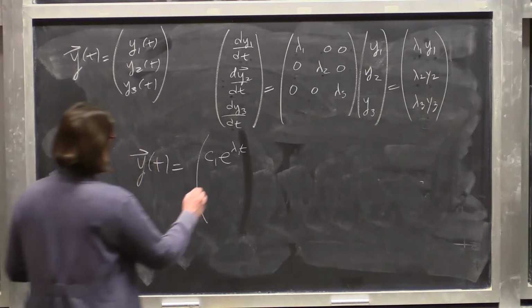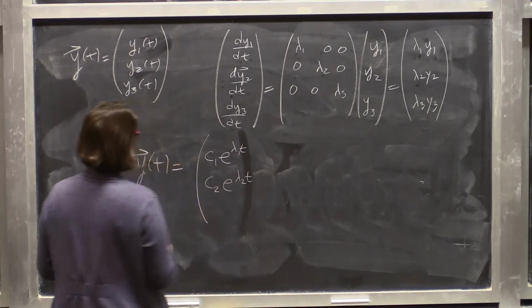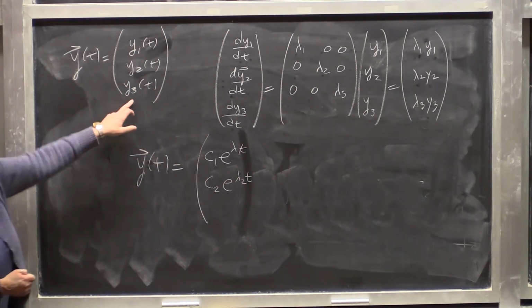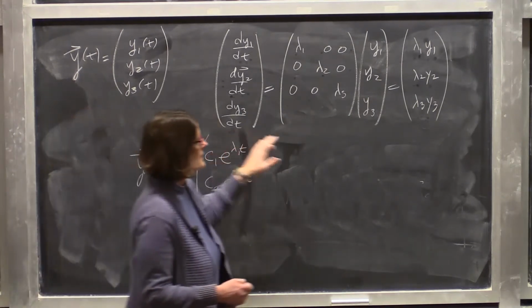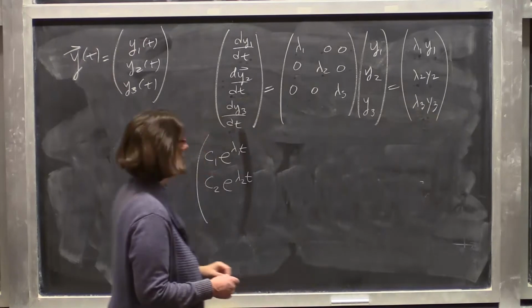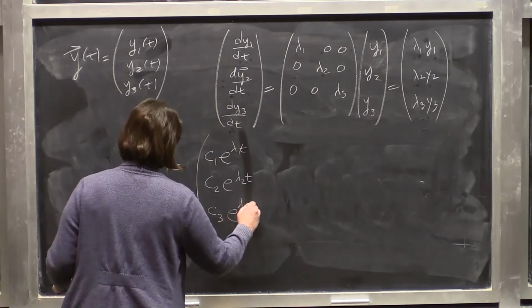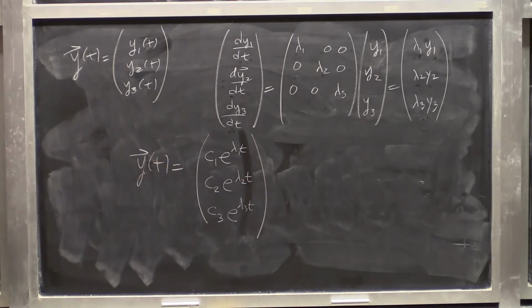Its solution is going to be c2 e to the lambda 2 t. The third component, y3 of t, we get by solving dy3/dt equals lambda 3 y3. And so that is going to be some number, c3, times e to the lambda 3 t. So step 1, you knew how to do from grade 12.